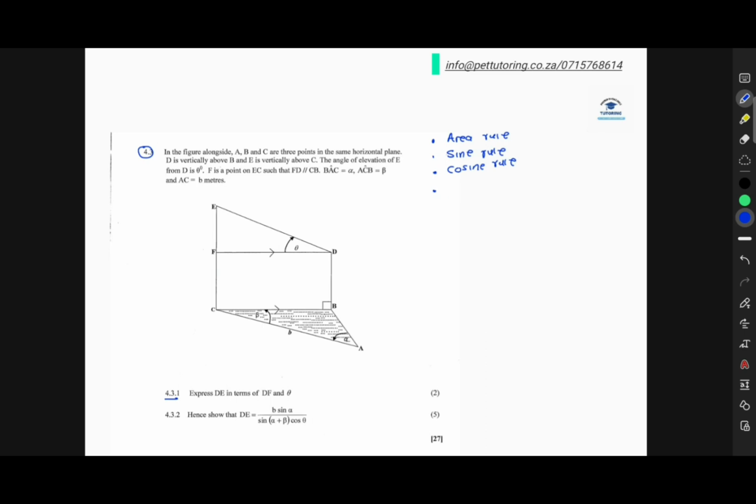Then two additional trig ratios: sine equals opposite over hypotenuse, cos equals adjacent over hypotenuse, tan equals opposite over adjacent. Lastly, we have the Pythagoras theorem.